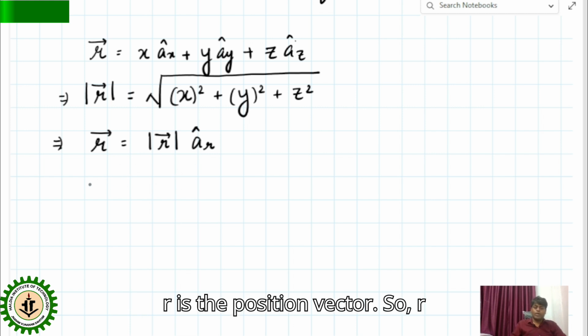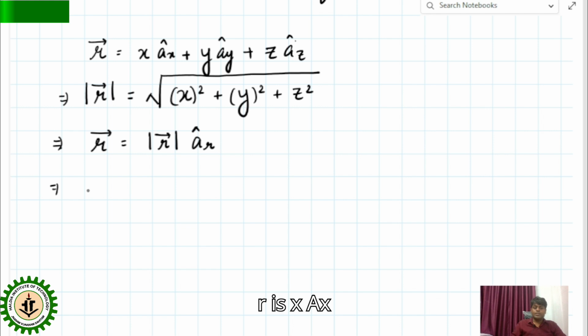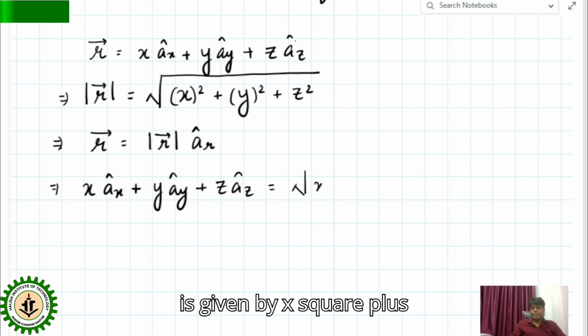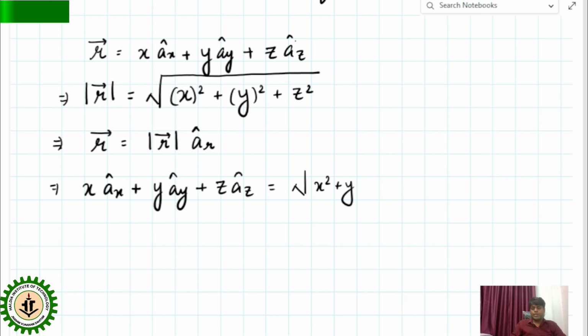So r is x ax plus y ay plus z az, and mod r is given by the square root of x square plus y square plus z square.